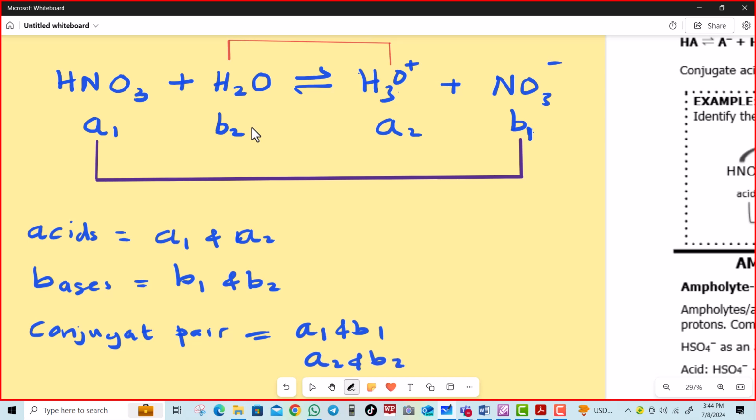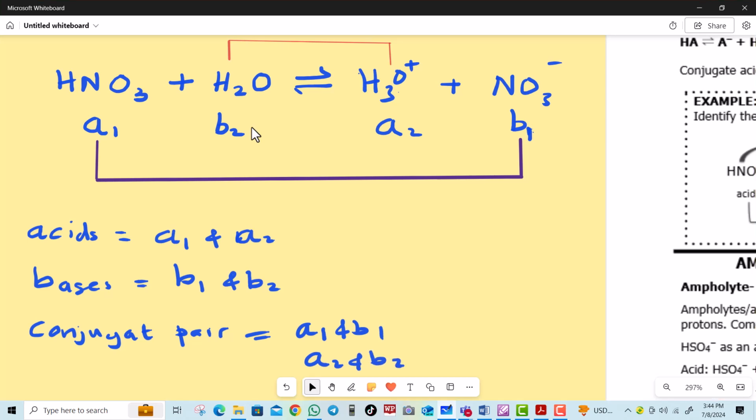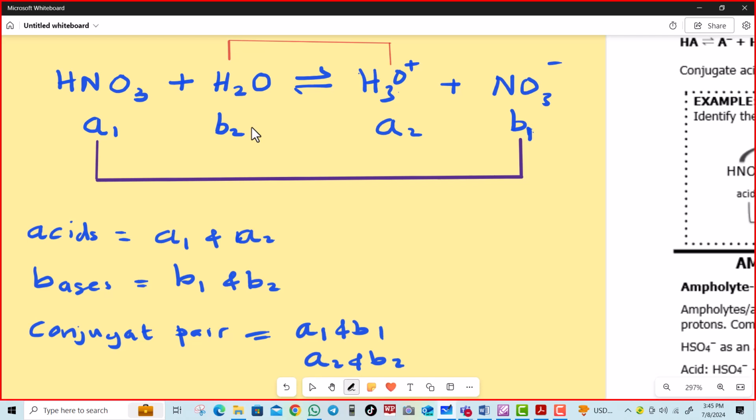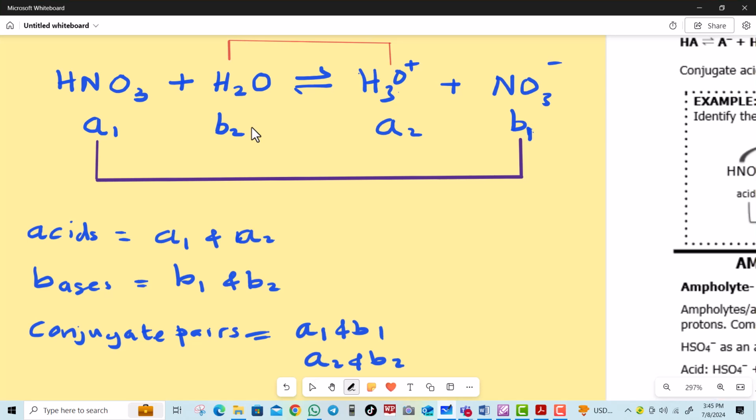So don't get lost. They can ask you to write down the acids from this equation, or the bases from the equation, or the acid-conjugate base pairs. Then you're going to say A1 and B1, or A2 and B2.